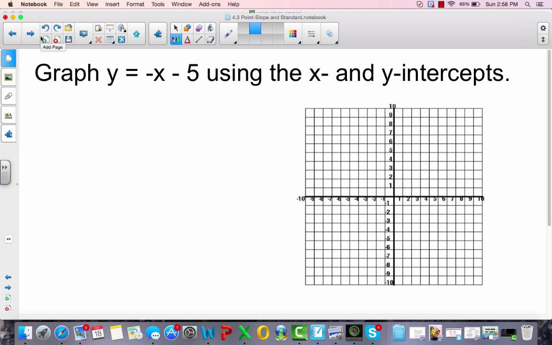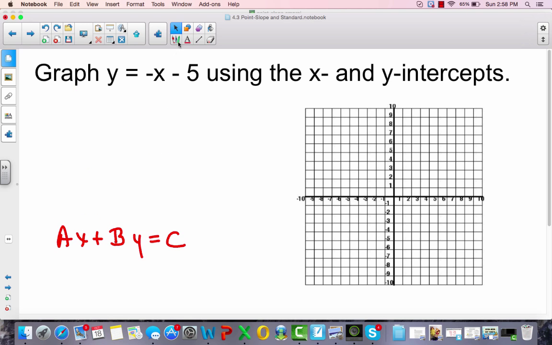Okay, graph y = -x - 5 using the x and y-intercepts. Sometimes it looks very obvious, and sometimes you need to work it out. This one might look a little obvious, but let's see. First thing you want to do is put it in the Ax + By = C format.